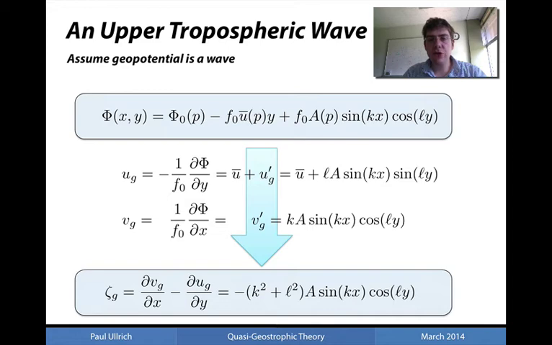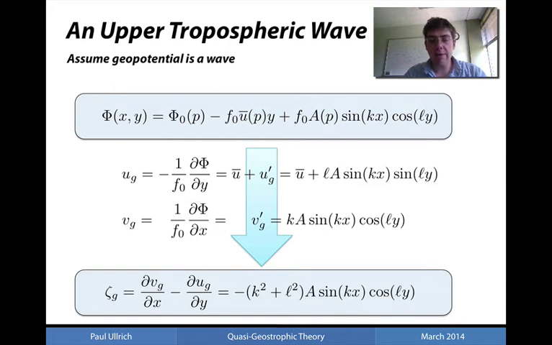So taking these two together and using them to compute the geostrophic vorticity, we observe that the geostrophic vorticity is simply given by minus k squared plus l squared times A sine kx times cos Ly. In particular, observe that this term has the same trigonometric variations as the geopotential wave we had before. That is, we still see the sine kx times cos Ly term that was present in the geopotential.